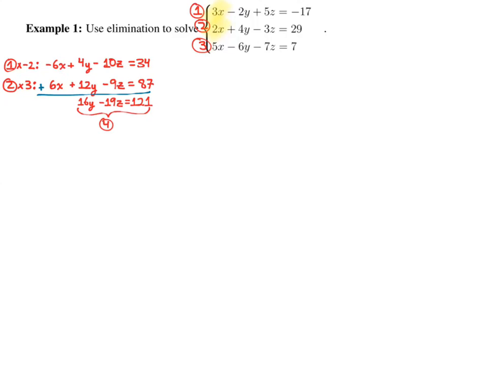Now, I need to do it again. So much fun, I'll do it again. Here we got the first and the third equation. And to get rid of the x's, again, the trick is you want to make sure you're getting rid of the same variable as you did last time. So I'll multiply the first equation by -5. And there we go. And the third equation by 3.